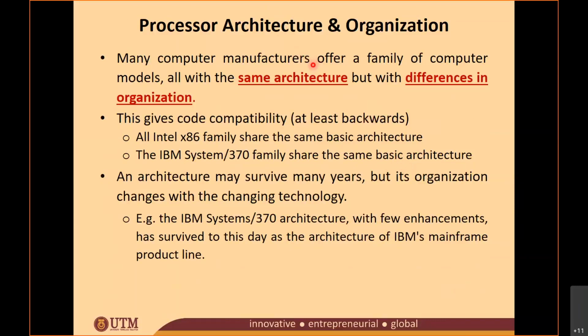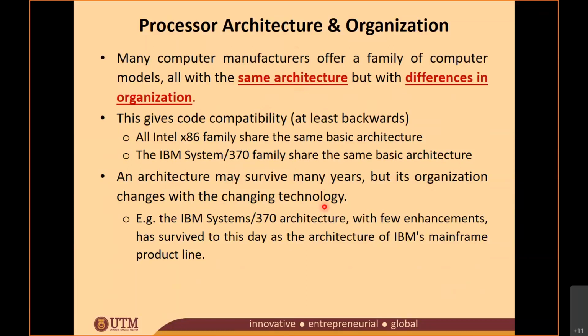Dia banyak model dikeluarkan, tapi dia guna architecture yang sama. All of these computer manufacturers use the same architecture, which is AVR architecture, but with different organization. Maksudnya the computer organization is different from one model to another. Architecture may survive many years, but its organization changes with the changing technology.